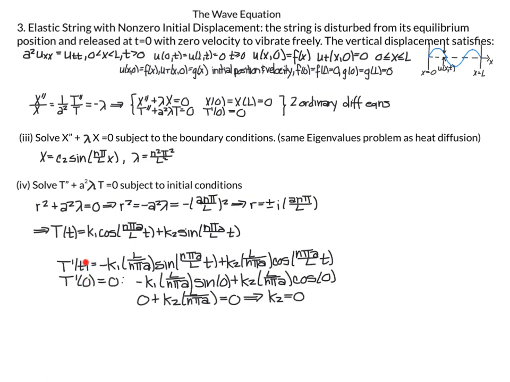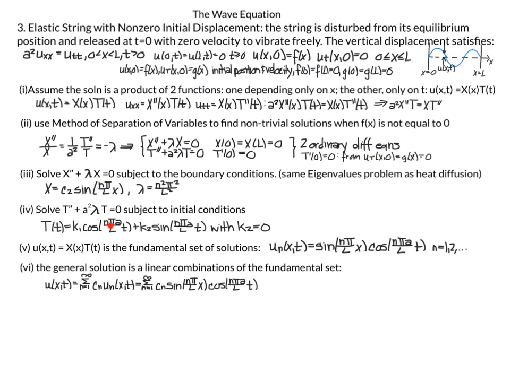Plugging in 0 for t, setting that equal to 0, I get minus k1 L over n pi a sine of 0, so this goes away to 0, plus k2 L over n pi a cosine of 0, which is equal to 1. So that tells me that k2 is equal to 0.